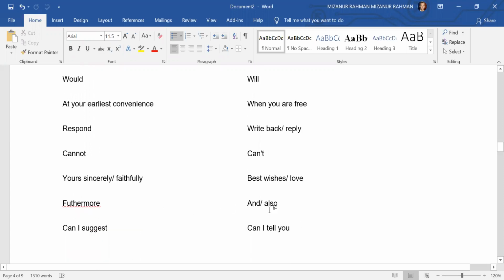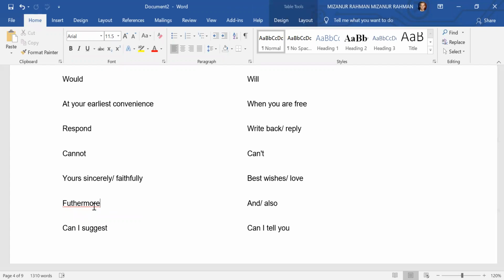Furthermore, and, or also. So you can say furthermore when it's formal, and if it is informal, you can say and or also. Like, I would like to show you some places, and I want to know from you.